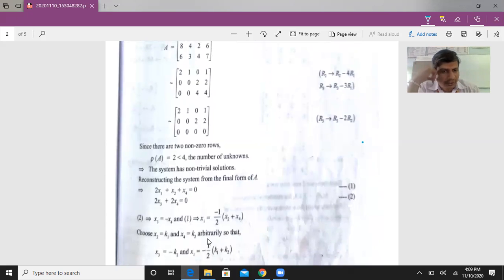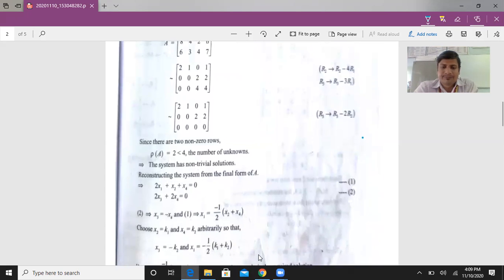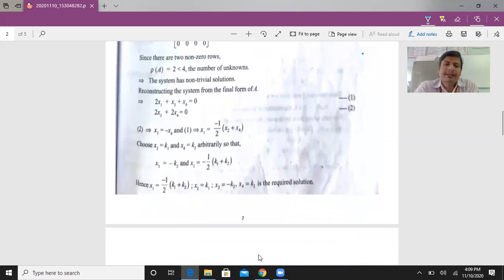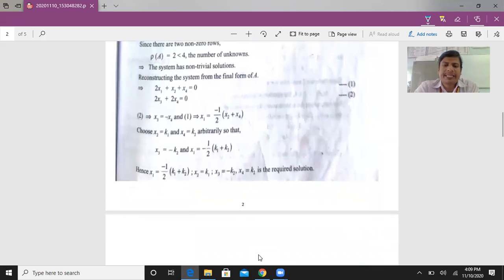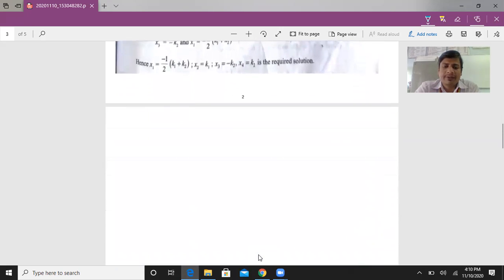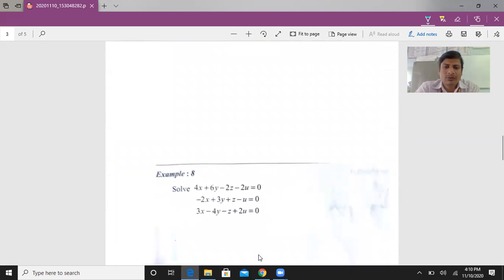Next, x2 equal to k1 and x4 equal to k2. We take this one. After that, x3 value is minus k2. Then x1 equal to minus 1 by 2 (k1 plus k2). Finally write the x1, x2, x3 and x4 values. Okay. Next example, you solve this one.